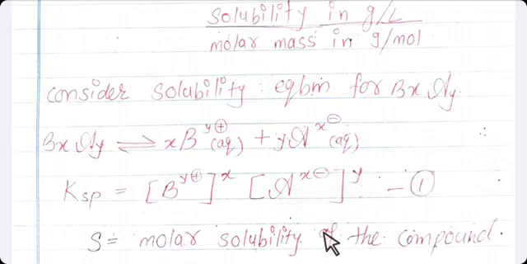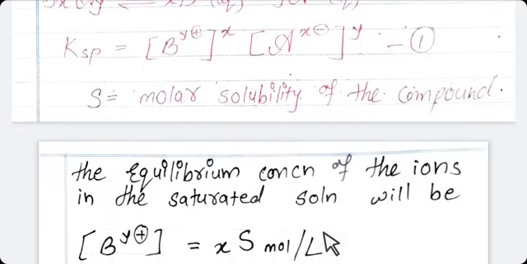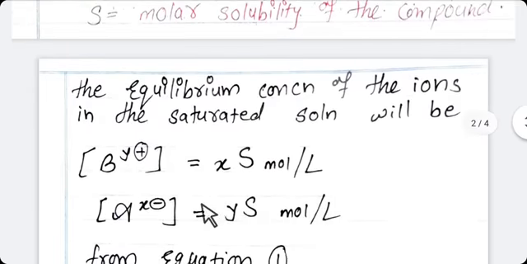If we suppose that S is the molar solubility of the compound, the equilibrium concentration of the ions in the saturated solution will become concentration of By+ is equal to xS mole per liter, and concentration of Ax- is equal to yS mole per liter.